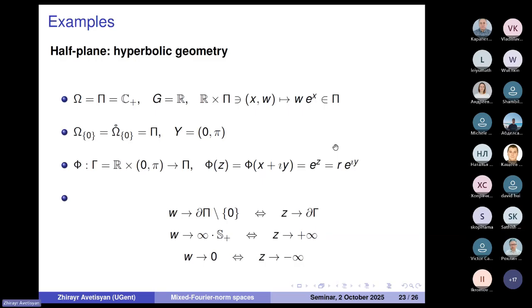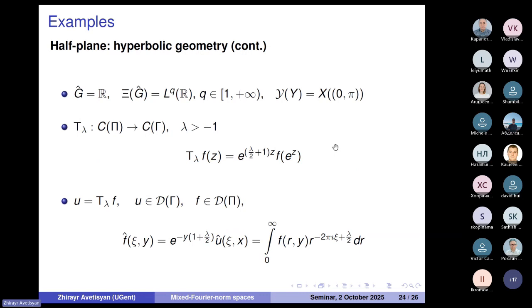When you are approaching the origin, then in the model, you are going to minus infinity along the belt in the horizontal direction. And when W goes to infinity in radial directions, then you are going essentially to plus infinity in the model. You have the belt, you go to the right infinity horizontally. Okay. So this basically translates the singularity problems from your original situation to the model problem.